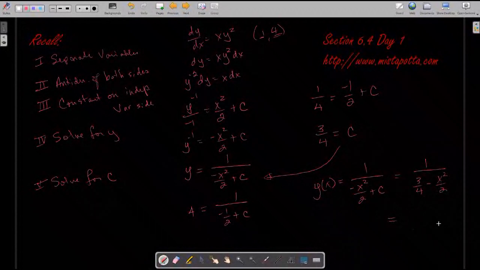Or I could even refine this a little bit more by getting a common denominator and flipping it, so I'd end up with 4 over 3 minus 2x squared. So this is going to be a little bit more like what we expect to see, but any of these three solutions are perfectly acceptable once I've replaced c with 3/4.